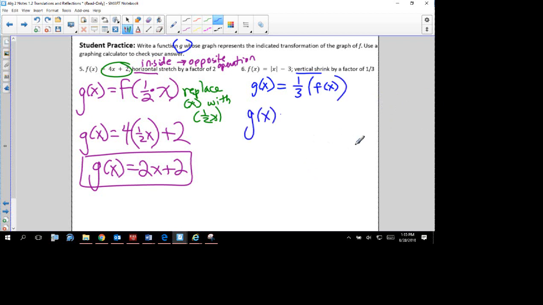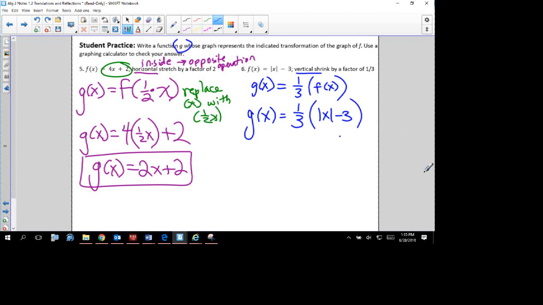So g of x equals 1/3 parenthesis absolute value x minus 3 close parenthesis.